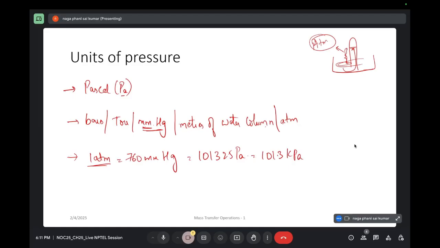And this is approximately, not exactly, equal to 1 bar as well. Coming to 1 pascal, 1 pascal is nothing but 1 Newton per meter square. So this is about units of pressure.